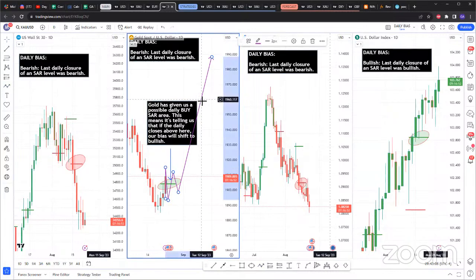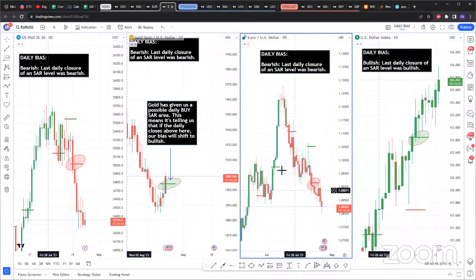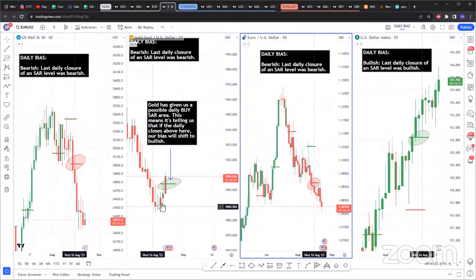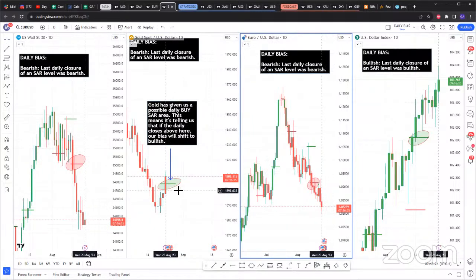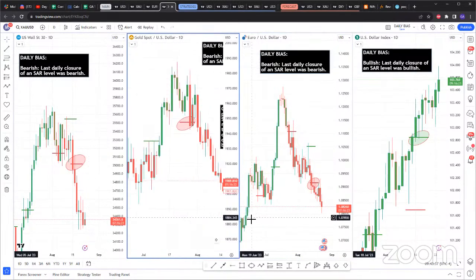Now, the question is, what's the probability of that happening? Because you can have a similar thing that happened to EU right here, that it closed above this buy SAR zone and then did not have any retracement, pushed all the way back up. So if you're looking to sell gold, you should ask yourself, if you're still in a sell when this daily candle closes and our daily bias changes to bullish, what's the probability that gold will retrace back down?